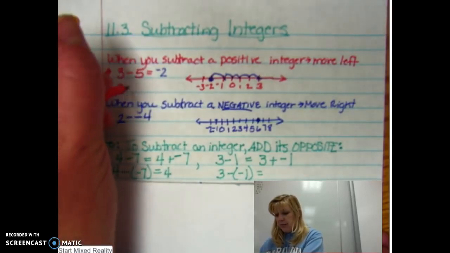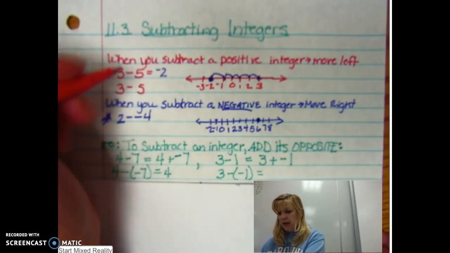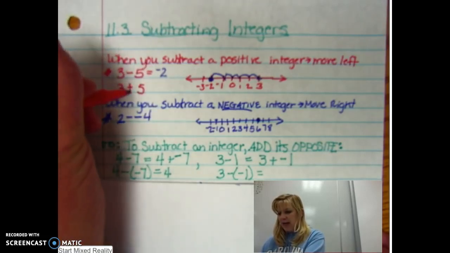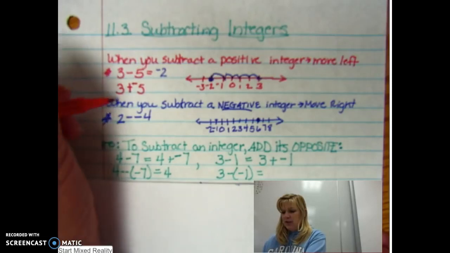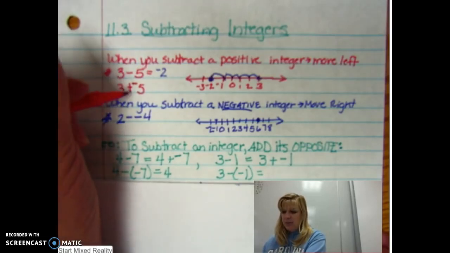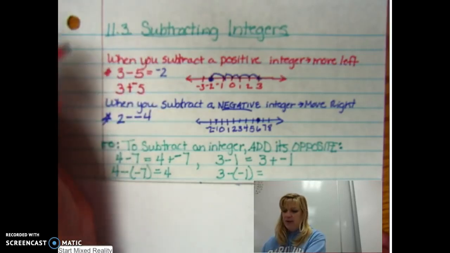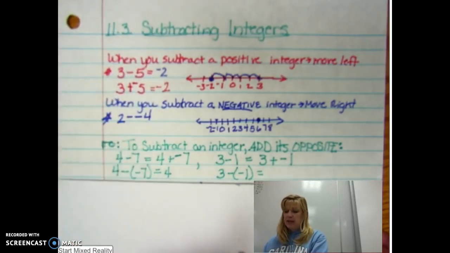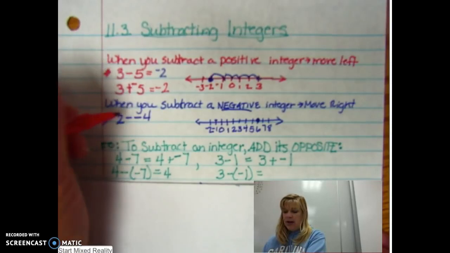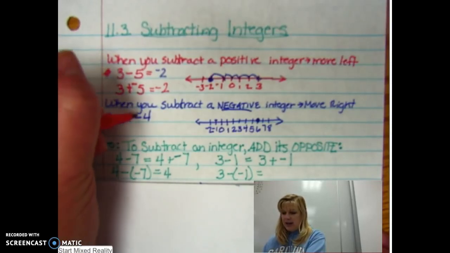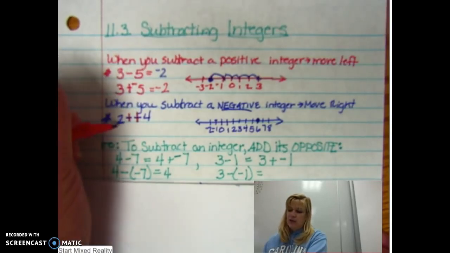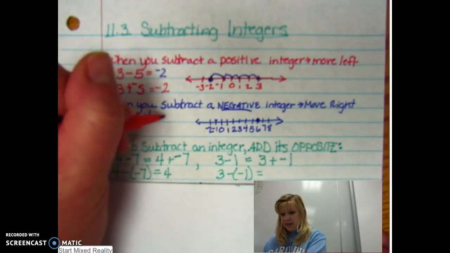So 3 minus 5 is going to become, you have to add the opposite, 3 plus negative 5, which is still negative 2. So in this case, 2 minus a negative 4 is the same as adding the opposite, which is 2 plus 4, which is a lot easier to solve, which is a 6.